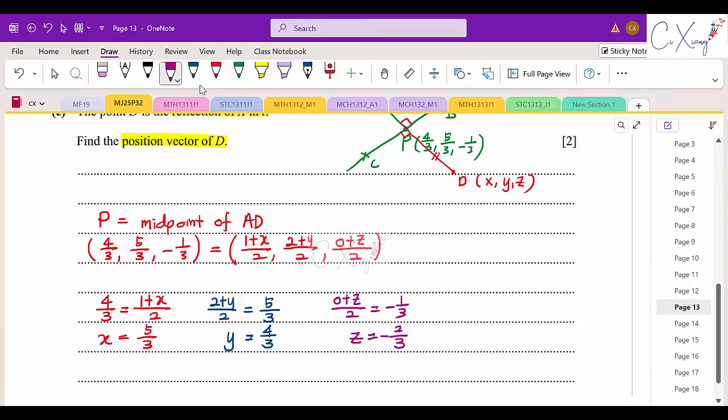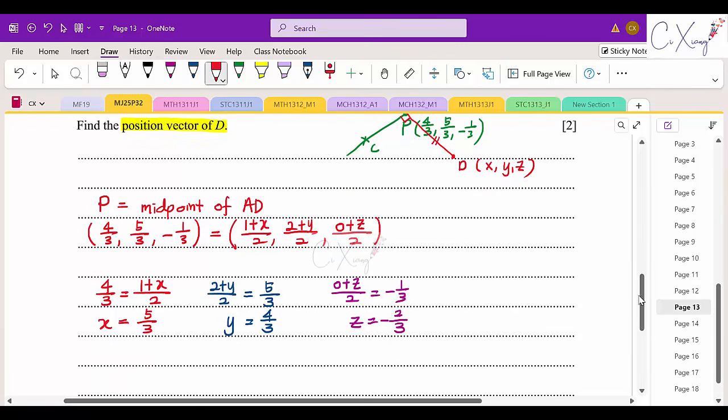Alright, so we successfully get the values for X, Y, and Z. But for this question, they're asking for the position vector of D, and I will want to write it out again in vector form.